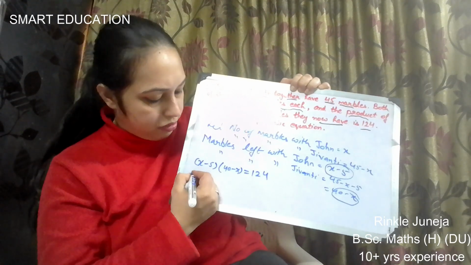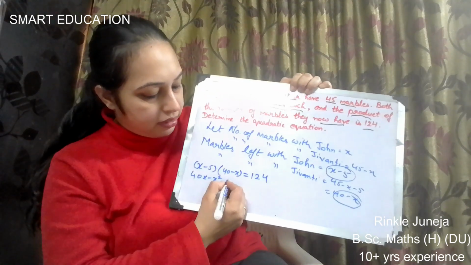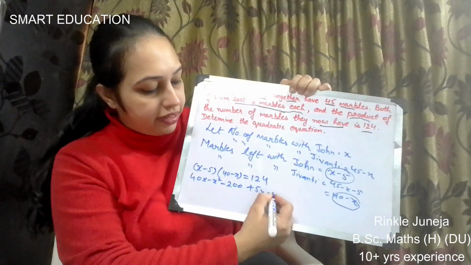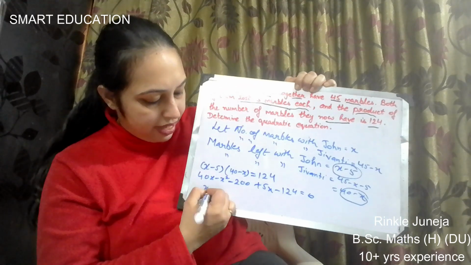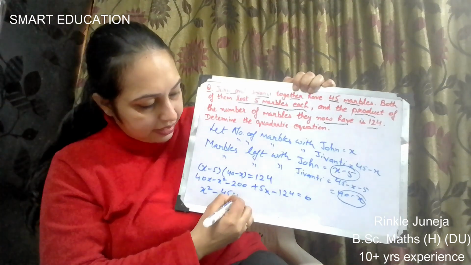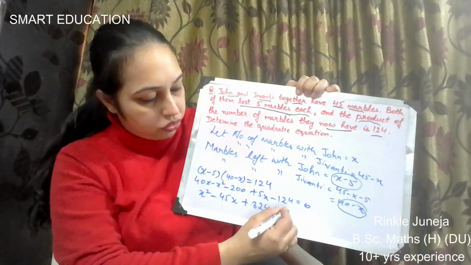Let's simplify it. This would become 40x minus x square minus 200 plus 5x, and we take 124 to the other side, minus 124 equals to 0. Simplifying, we'll get x square minus 45x plus 324 is equals to 0.